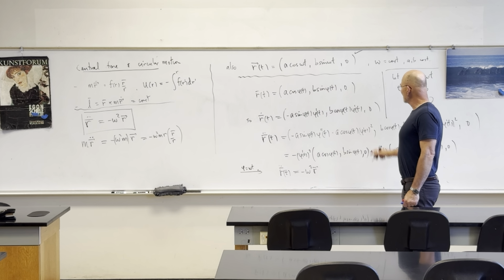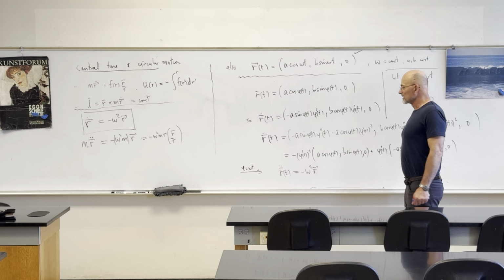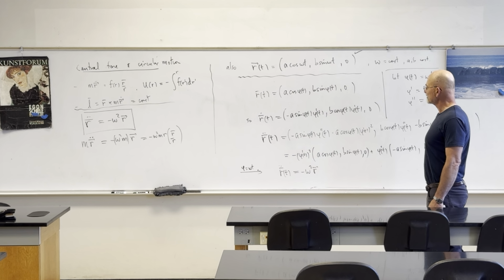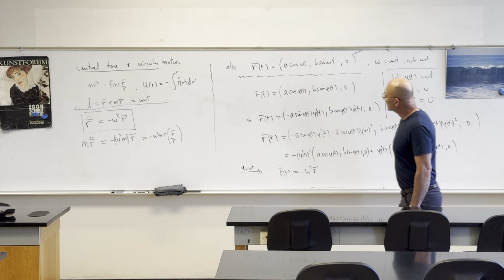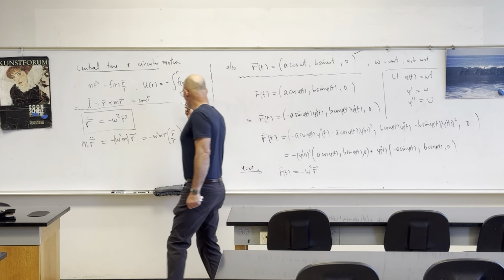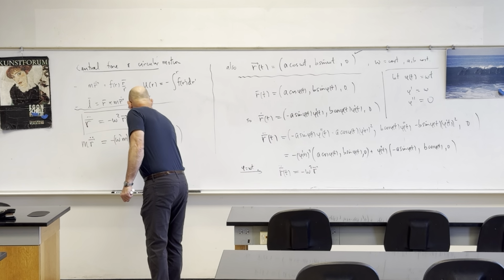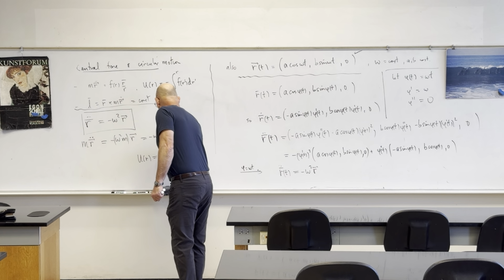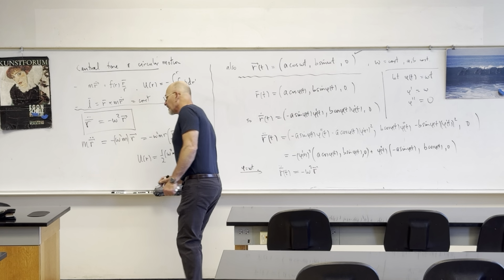This is even a little much for the exam, but okay. Since we're working on this, we may as well complete it. So here's the potential energy: one half omega squared m r squared.